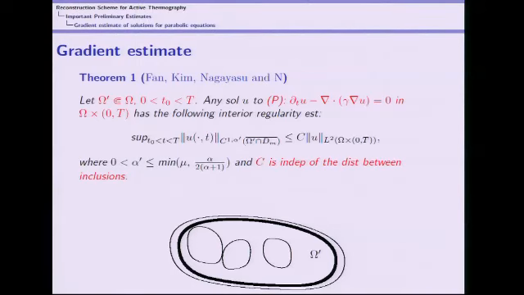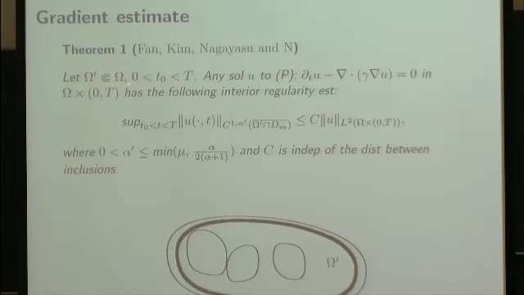Okay, here is the gradient estimate. Let omega prime be a compactly embedded open subset of omega, and T0 in an open time interval (0, T). And then consider any solution u to this parabolic equation, where gamma is the previous conductivity. Then we have the following interior estimate, which is of this form.